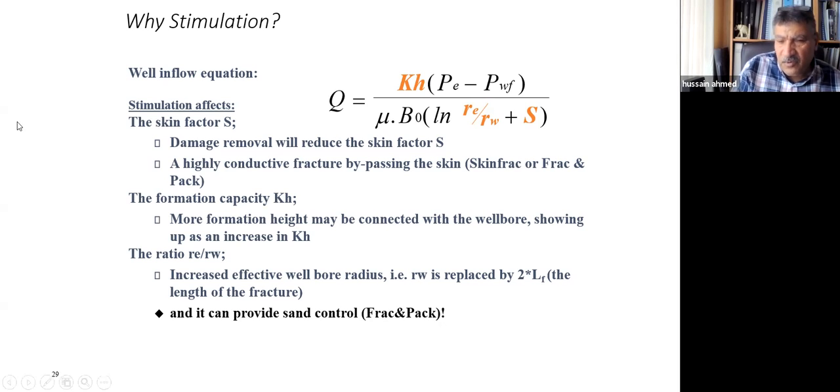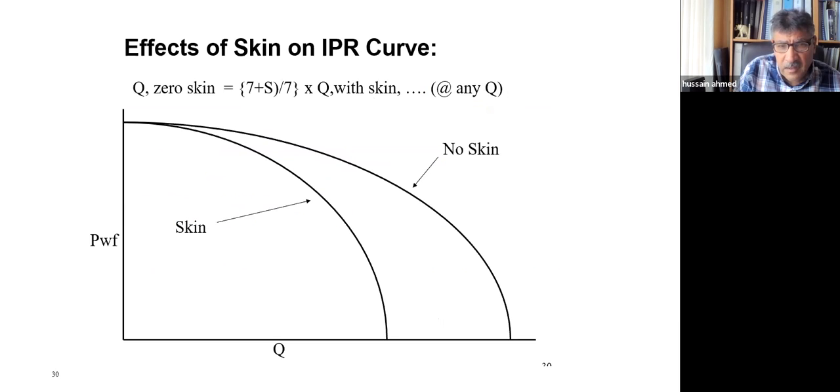Formation capacity is important, how much oil is in it in terms of KH, and the ratio between RE and RW. The RE is the radius of the drainage zone, and sometimes could be affected by the length of the fracture as well. We're going to talk about these. The IPR again is very important to be understood, and the impact of skin factor on IPR.